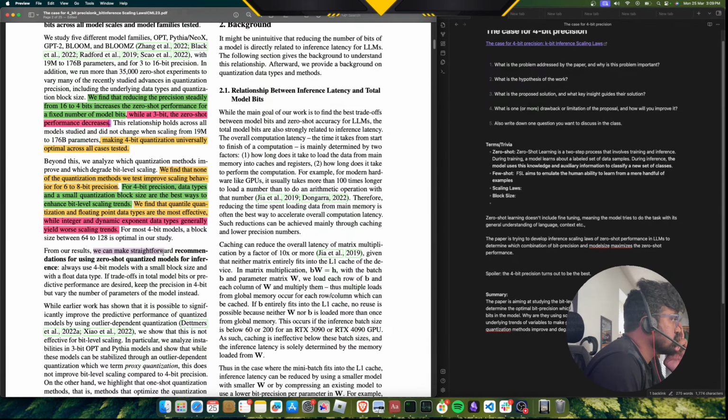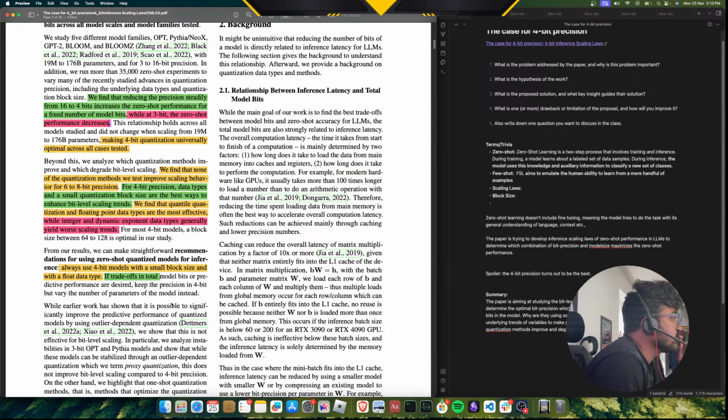From our results, we can make straightforward recommendations for using zero-shot quantized models for inference. So their recommendation is to always use 4-bit models with small block size and with a floating point data type, and this is the best.